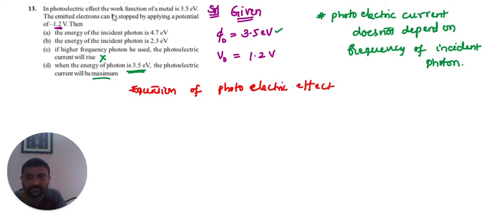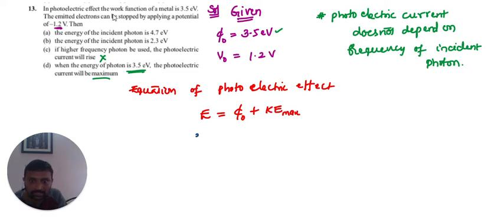Equation of photoelectric effect: E equals phi naught plus KE max, where E stands for the energy of the incident photon. Look at this fourth option, the energy of incident photon is 3.5. As per the question, 3.5 is the work function.